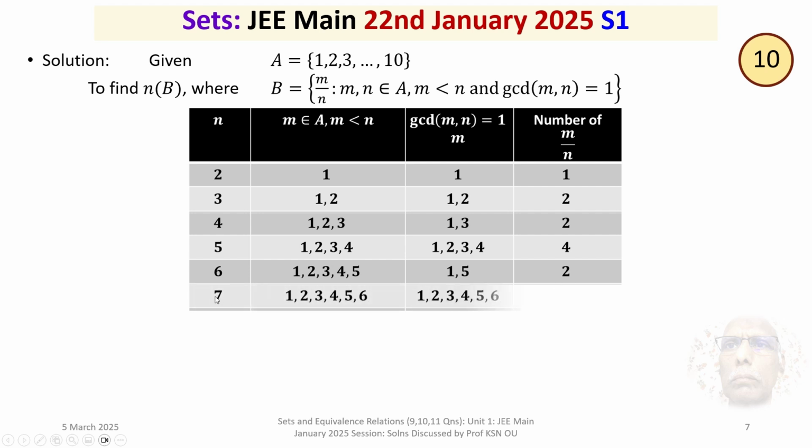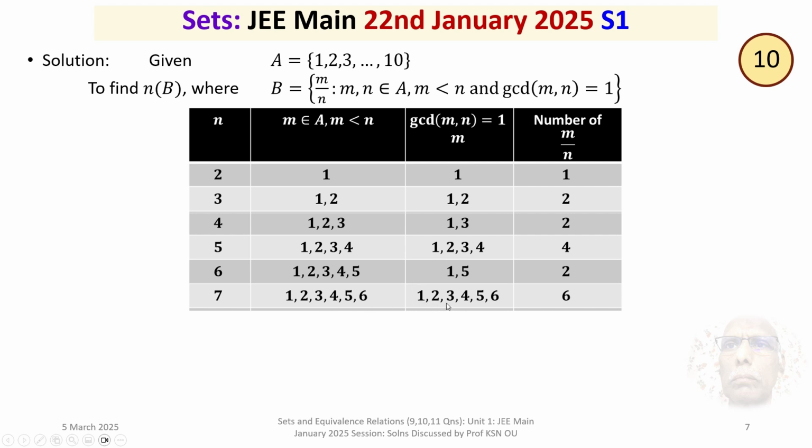7. So elements of A which are less than 7 are 1, 2, 3, 4, 5, 6. And 7 being a prime, every element is relatively prime to 7. So the GCD of m comma n is 1. Who are the m's?